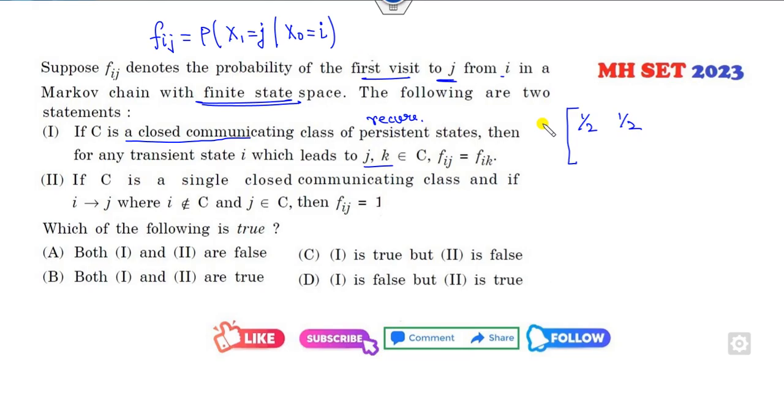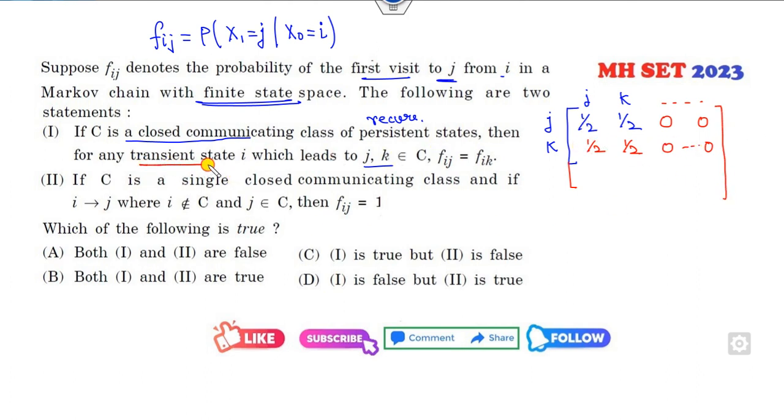Say j and k are two states in the closed class, with half and half. Since it is closed, whatever the number of states, it is a finite state space, so the values outside are 0 and only then the sum will be 1.